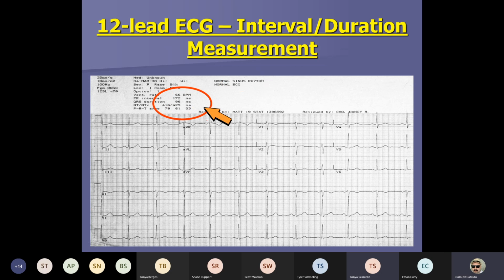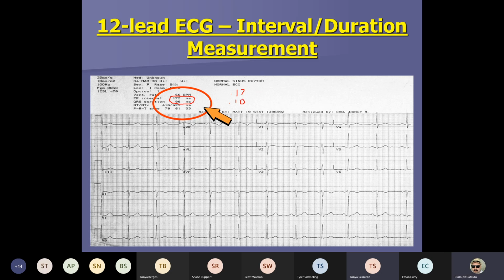Again, intervals and durations. The ones I want you paying attention to when we're looking at 12 leads right now are PR interval and QRS duration. Those two. They will always print out in milliseconds. All you have to convert that to is seconds. So 172, again, equals 0.17. 96, if I round up, equals 0.10.